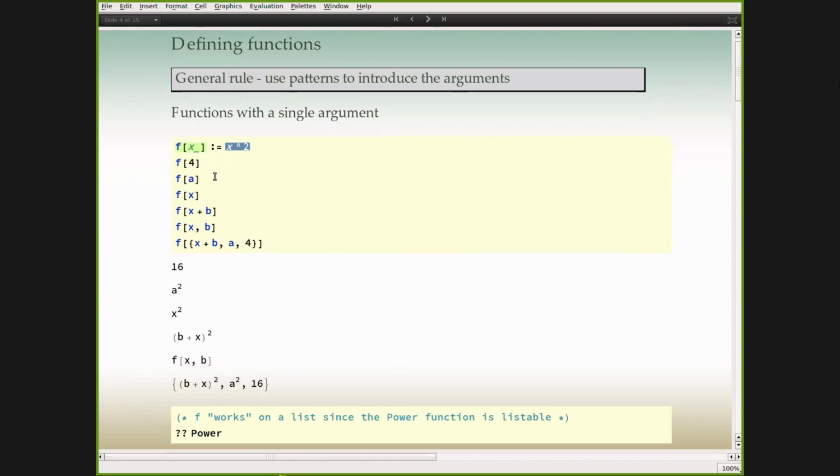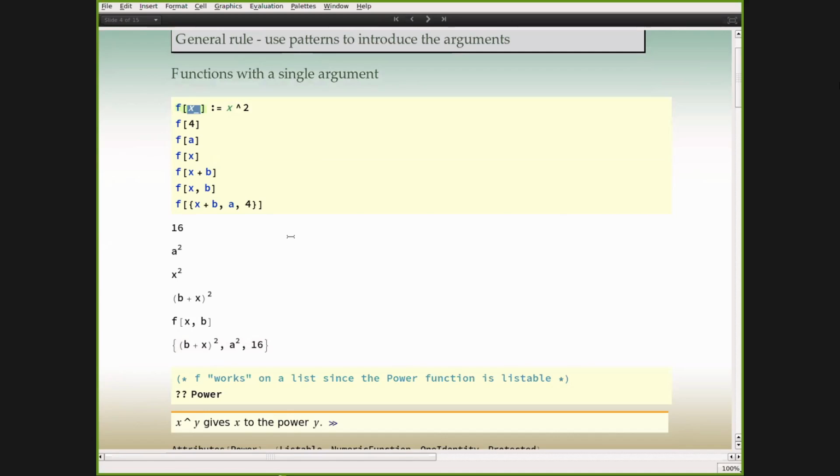So you will see f of 4 gives 16, f of a gives a squared, f of x gives x squared, f of x plus b gives x plus b squared. F of two arguments x, b is not computed because it doesn't fit this pattern. And finally, f of a list x plus b, a, and 4 gives the elements of the list squared.